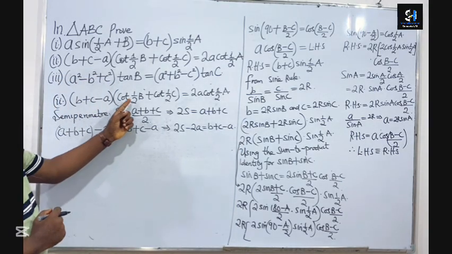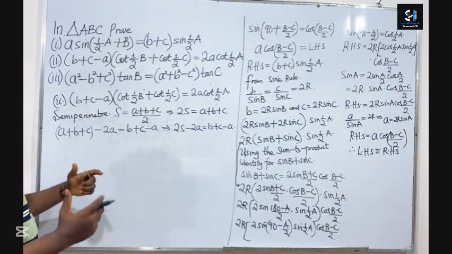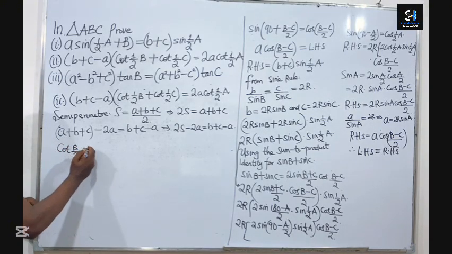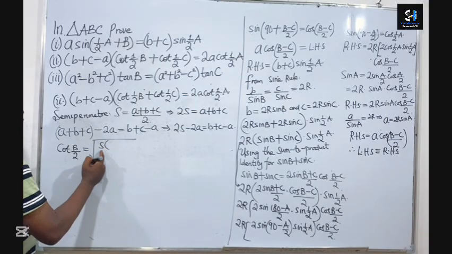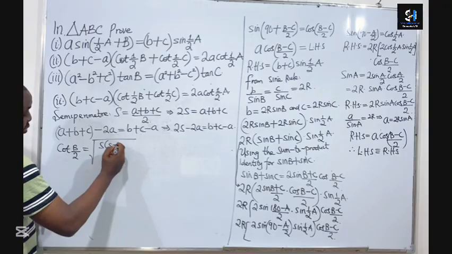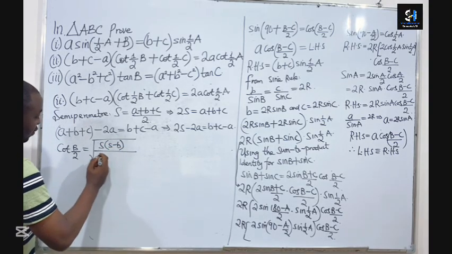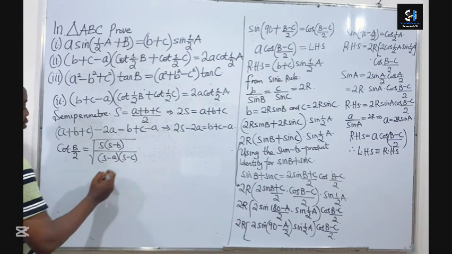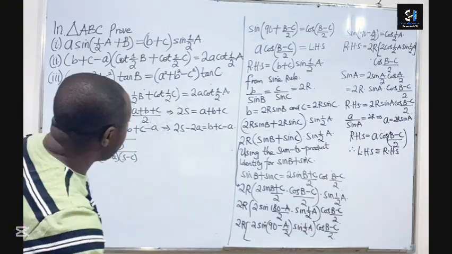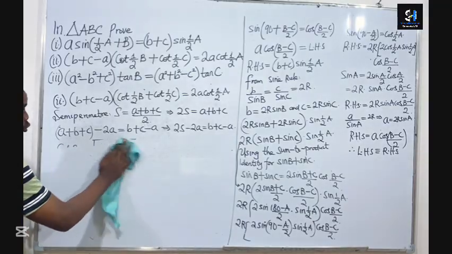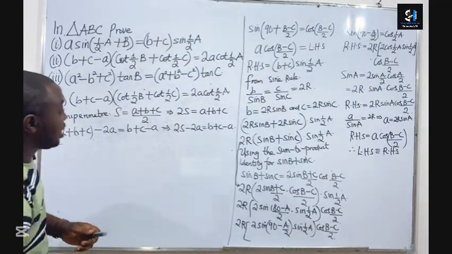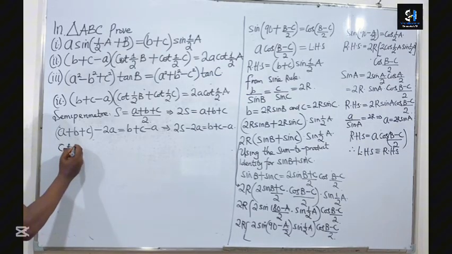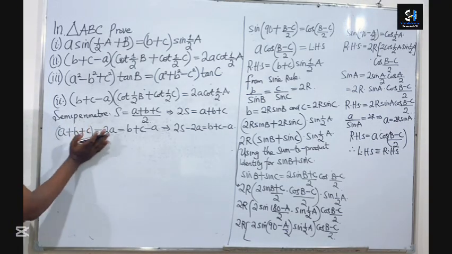Now cot 1/2 of B will be the square root of the product of semi-perimeter and semi-perimeter minus B, over S minus A, then S minus C. Then the same with cot 1/2 of C. I'll use the formula I introduced just now, that cot 1/2 of B equals that.